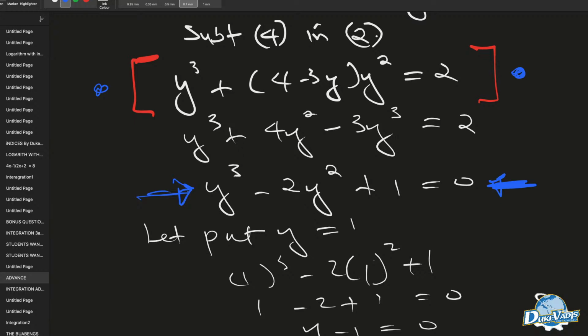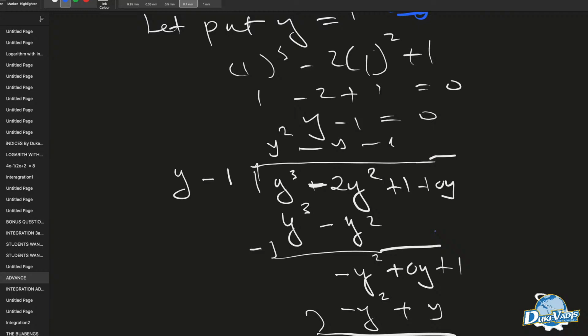When you look at the nature of the equation and substitute the value 1, you will see that it gives 0, telling us that y equals 1 is one of the roots of the polynomial. It's a factor of the polynomial.